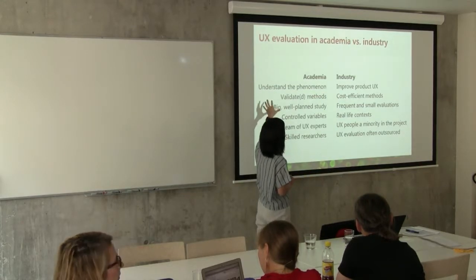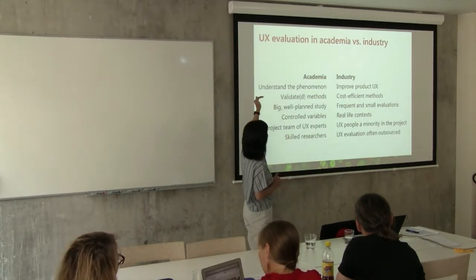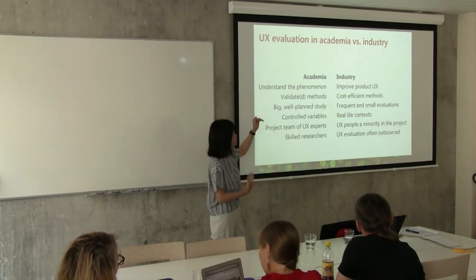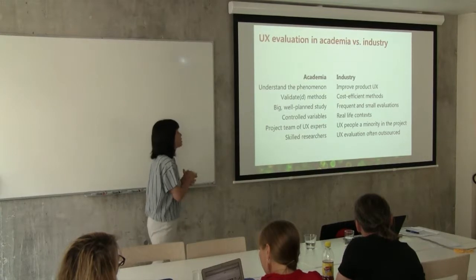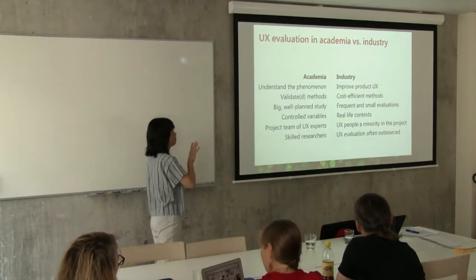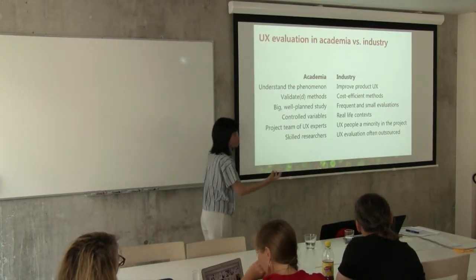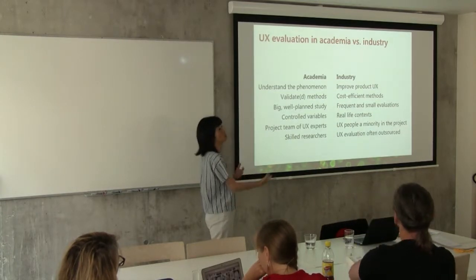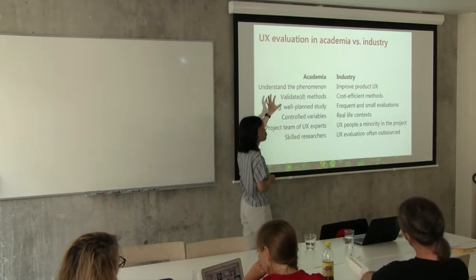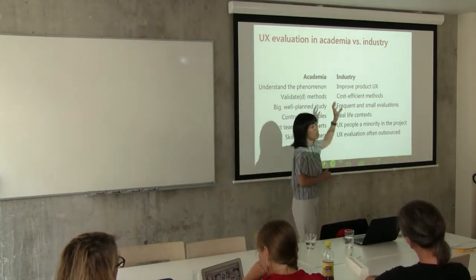Our goal is to understand this emotional response. But for industrial purposes, maybe they just focus on this: if the user feels not that excited about the game, they want to improve the product to make it even more exciting. So maybe they don't care about why, but they want to understand how to.